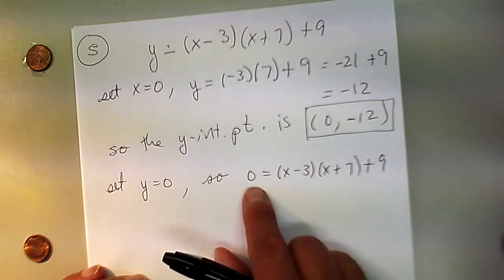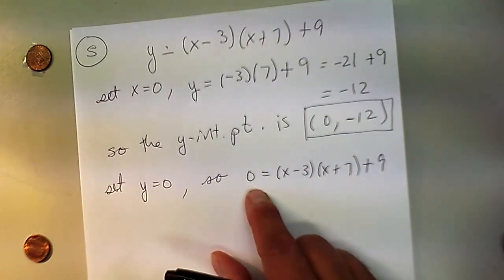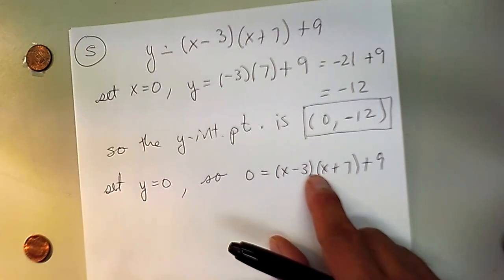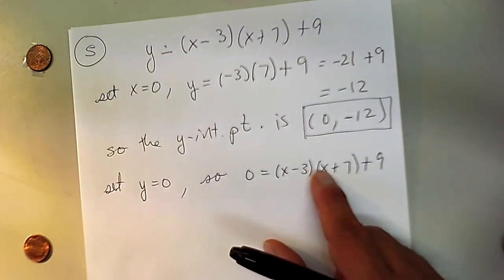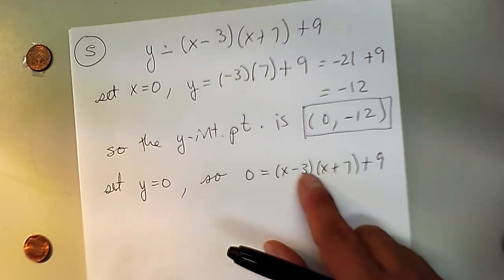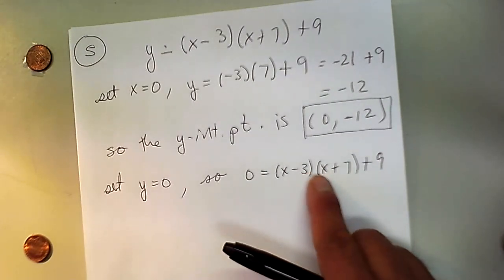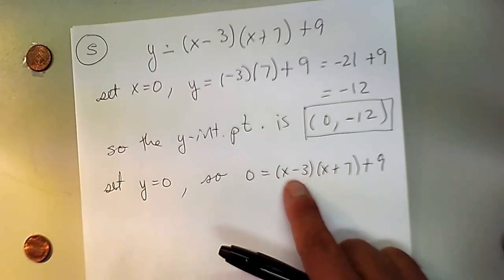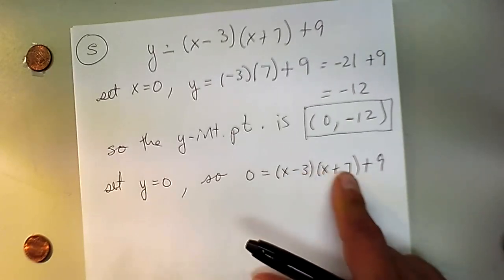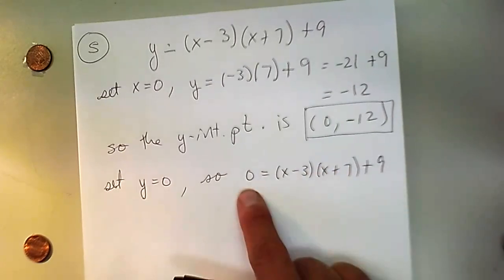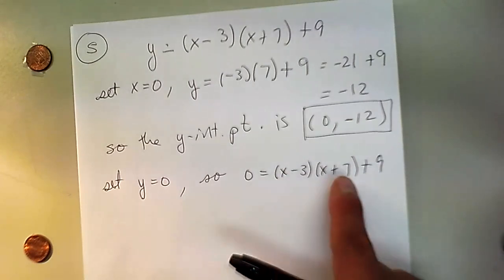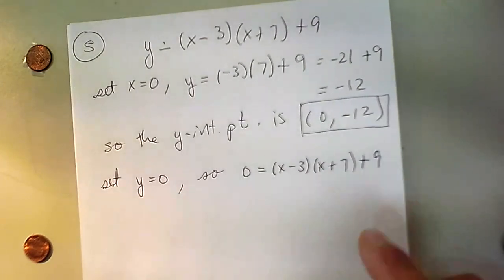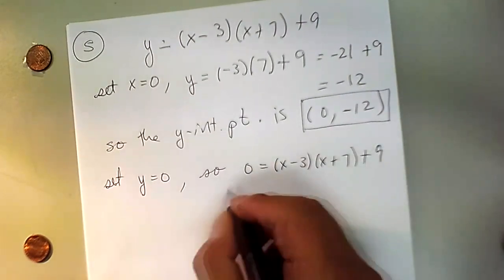Well, we could, but that won't help. This may seem confusing at first because we're thinking, hey, isn't the answer 3 and -7? No, we don't have a product that equals 0. We have a product plus 9 that equals 0. So we cannot use the zero product property on this equation.